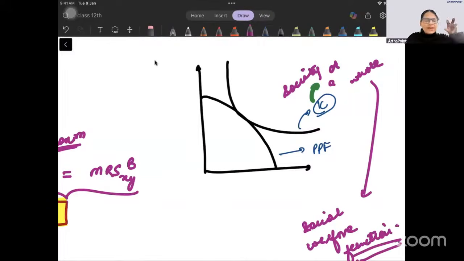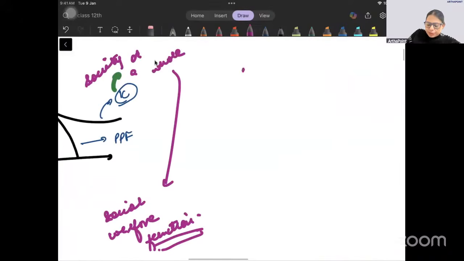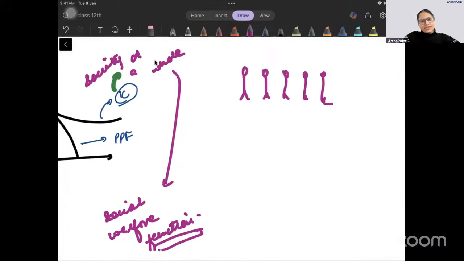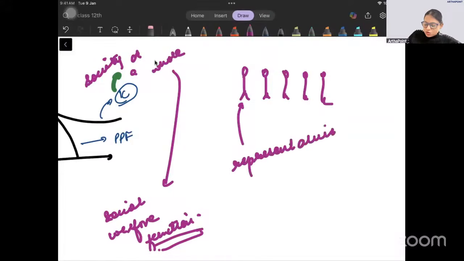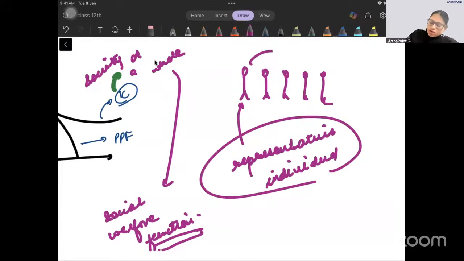Right? So when I am taking all individuals, usually what we assume is that the individuals may be the same. ठीक है. तो अगर सपोज मेरे सोसाइटी में देर आर 10 इंडिविजुअल्स एंड ये सारे इंडिविजुअल्स दे आर द सेम, माने इनका यूटिलिटी फंक्शन भी सेम है, इनकी प्रेफरेंसेस एवरीथिंग इज द सेम, then we pick any one individual and we call that individual as representative consumer. उसको हम रिप्रेजेंटेटिव इंडिविजुअल बोल देते हैं. And we work with the utility function of that individual.